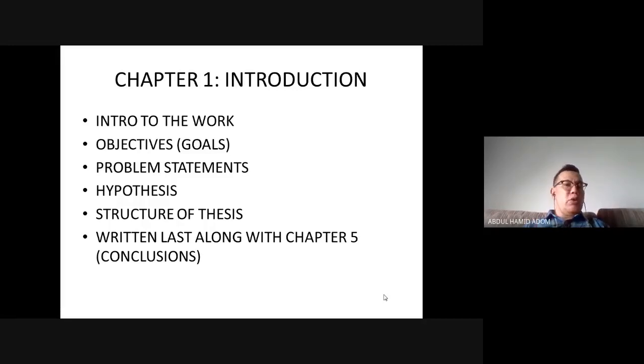You're trying to provide a solution for something. So that will be the problem statement. Hypothesis is what you think the results will be from the already known knowledge. Then you will talk about the structure of the thesis. And like I said before, it's written last along with chapter 5 as well as the abstract.